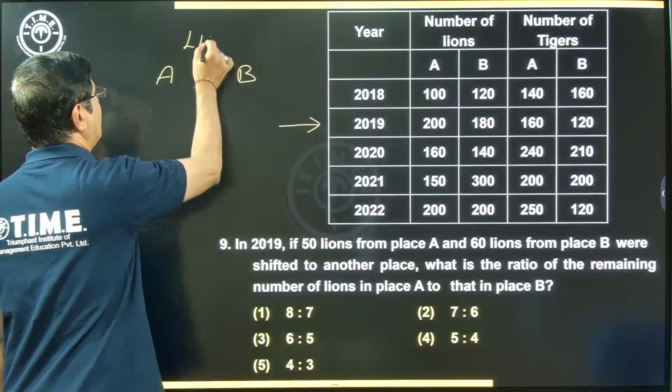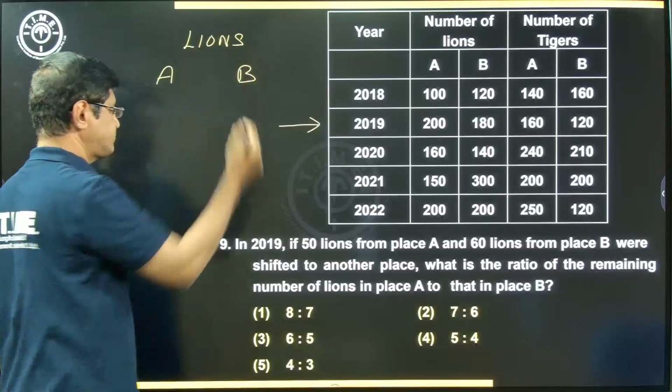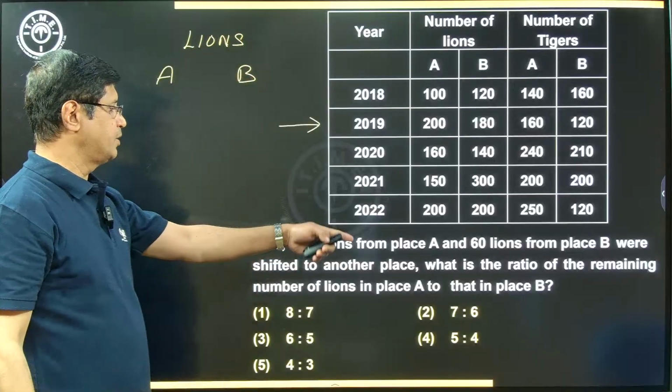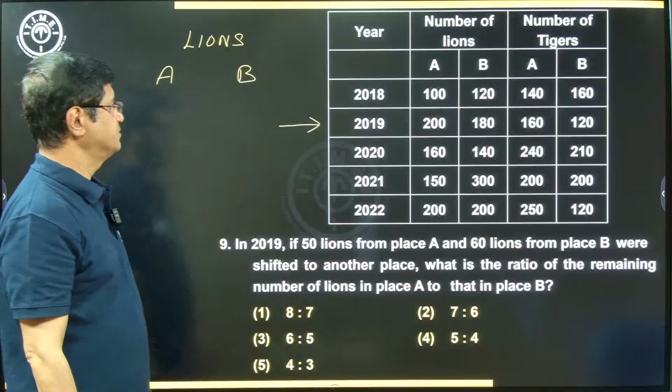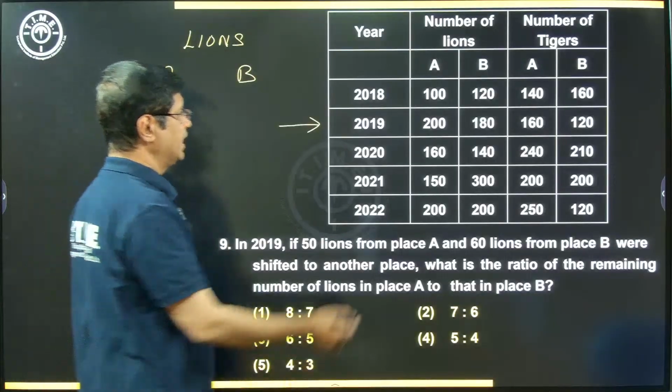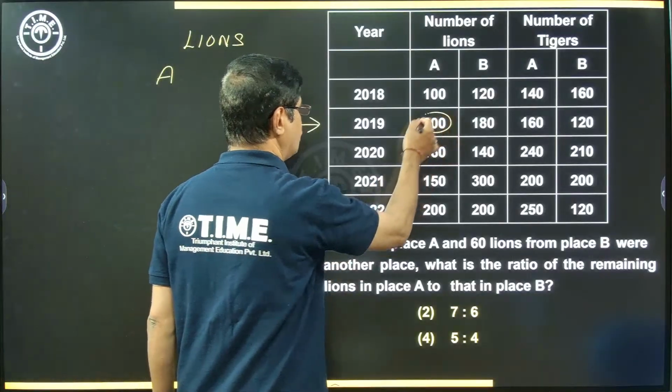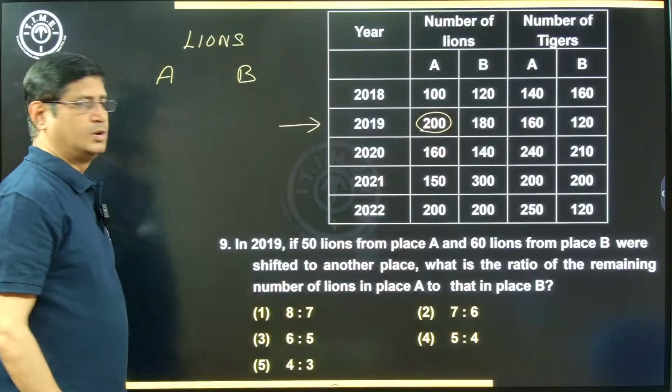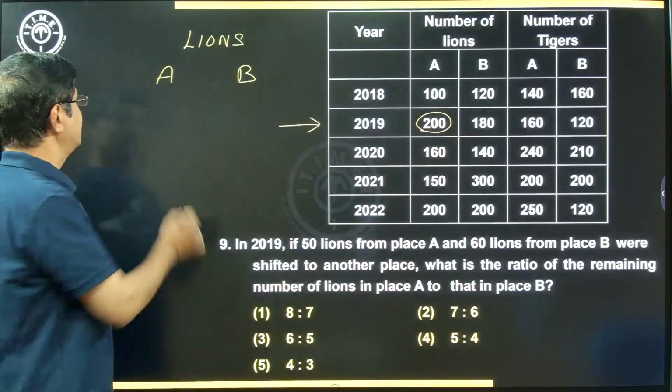So 50 lions from the place A shifted. Here 200 is the number. 200 minus 50, that is 150.